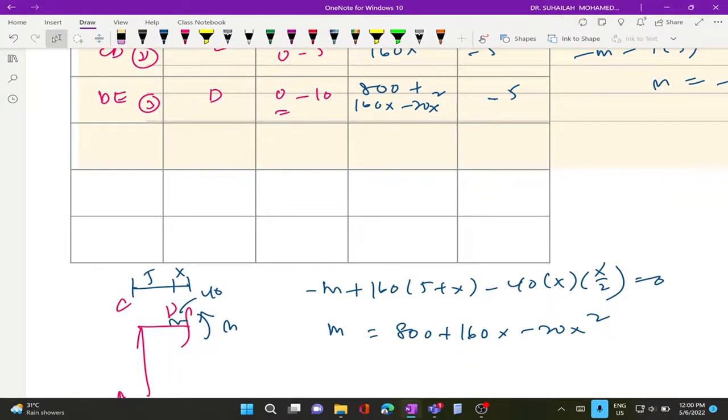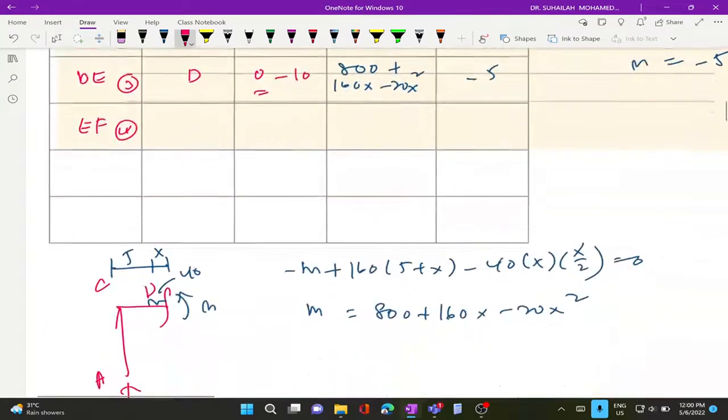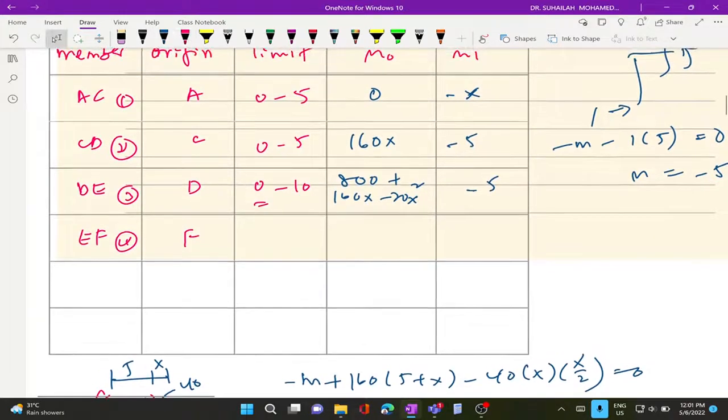And then we have EF as section number 4. For section number 4, origin is F. Sebenarnya, bila we write moment equation, paling senang kita ambil either E or F as origin.